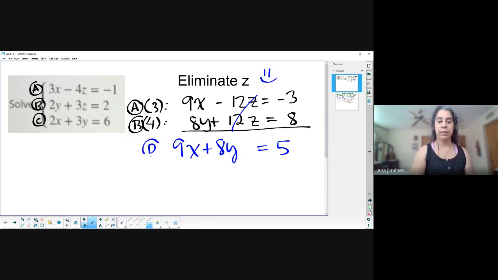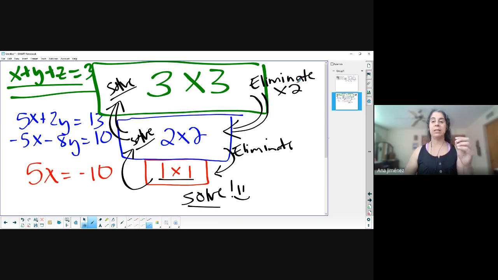All right. So I want to go back and talk about the plan. The plan was to eliminate the variable twice to get a 2 by 2, right? So we eliminated Z once, and in a typical system, we would go ahead and do that process again, eliminate Z again using a different pair.